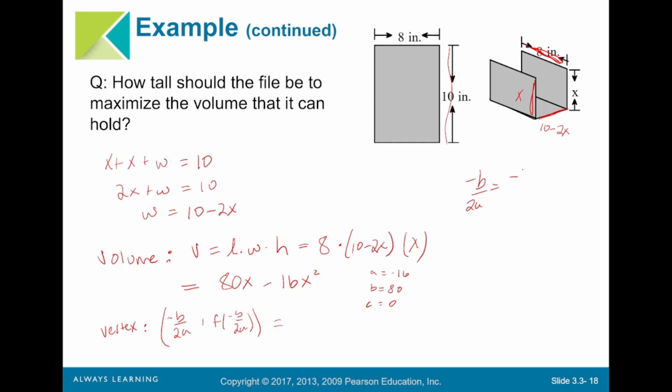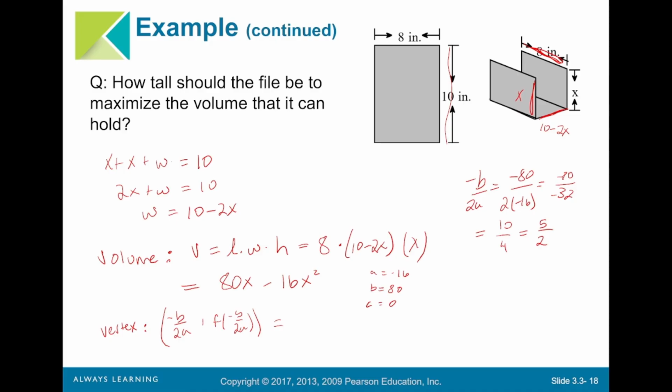That gives us negative 80 over 2 times negative 16. Okay, well that's negative 80 over negative 32, both of which I know are divisible by 8, so that's 10 over 4. We can go one more step and go 5 over 2.